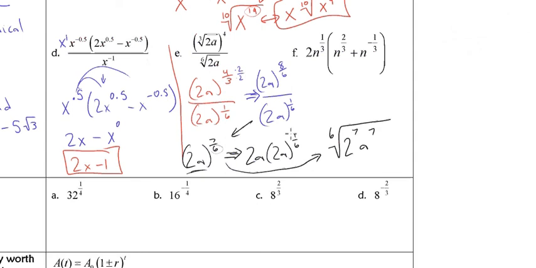We need just 6 of them to pull it all the way out. So that's 2, with a 2 left inside the radical, the 6th root, not the 7th root, 6th root. And then if there's 7 a's multiplied together, we need 6 of them to get out.